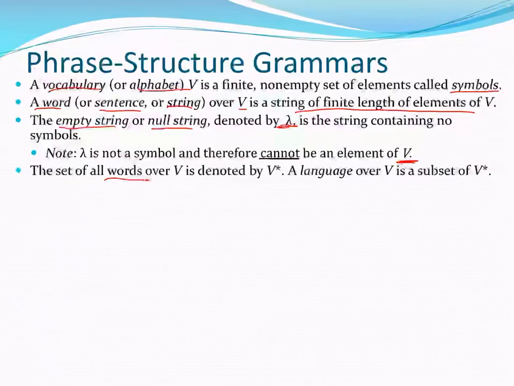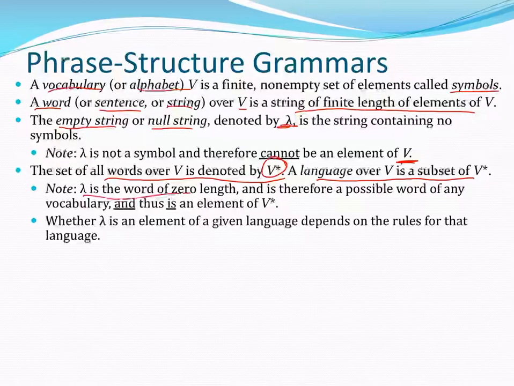The set of all words over my vocabulary is called V star. That's the set of all possible strings. And then a language over V is a subset of V star. V star would have those nonsensical, non-syntactically correct sentences or words as elements, but those wouldn't be a language of my grammar.